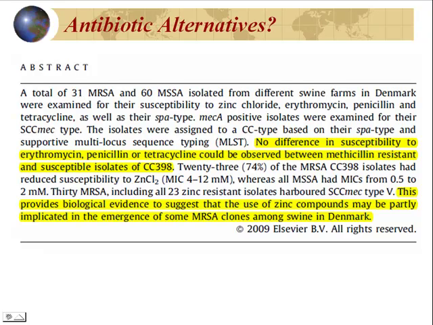They've got a variety of zinc-based compounds they're using, which probably were actually causing the selection of MRSAs on their farms. It had nothing to do with tetracycline. So we have the unintended consequence of banning an antibiotic, thinking we're going to improve the situation, and in fact it's what you replace it with that causes even larger problems.